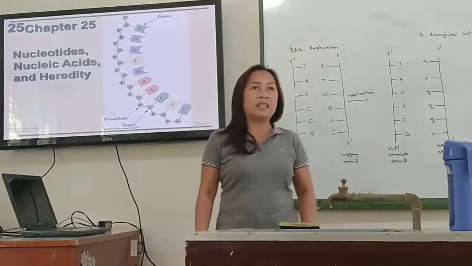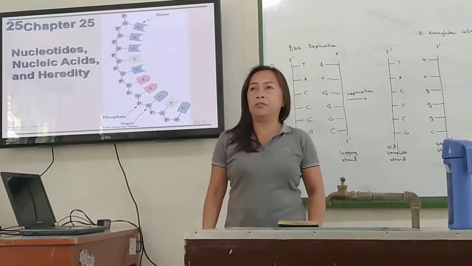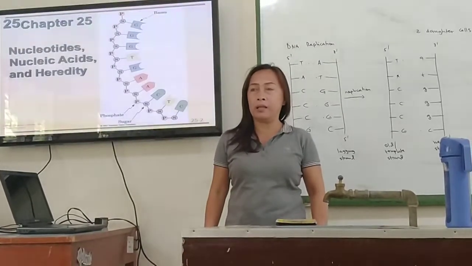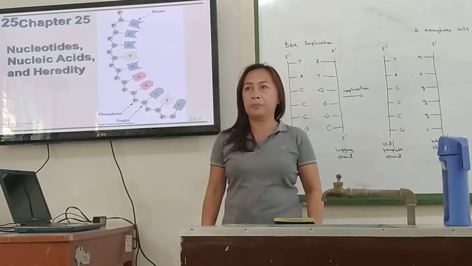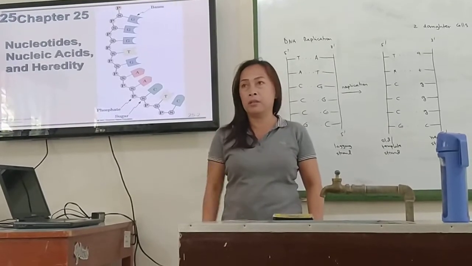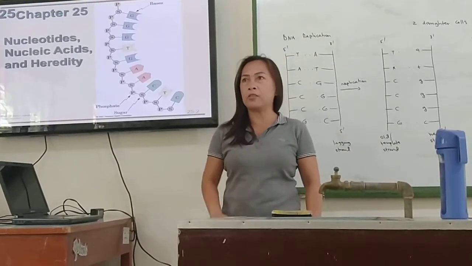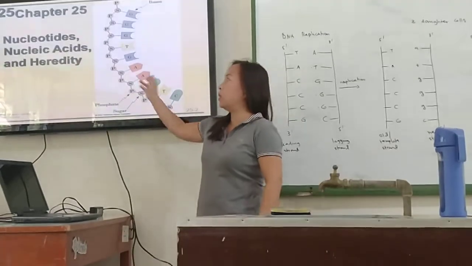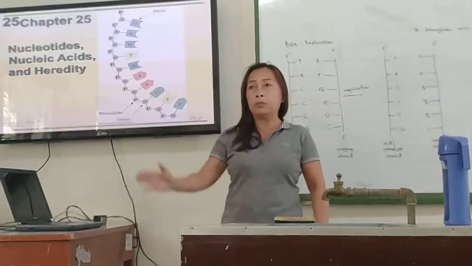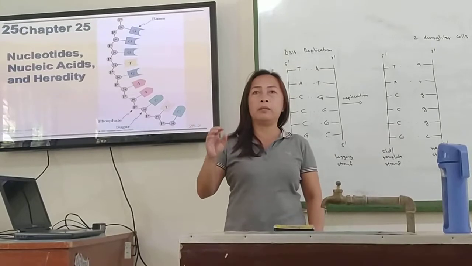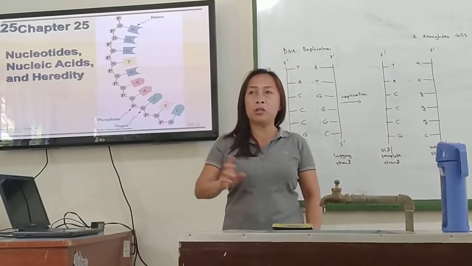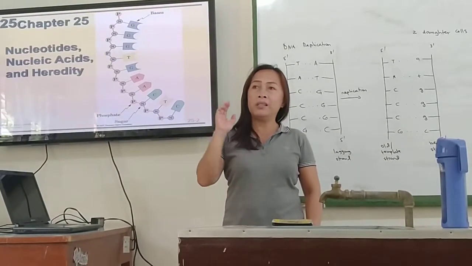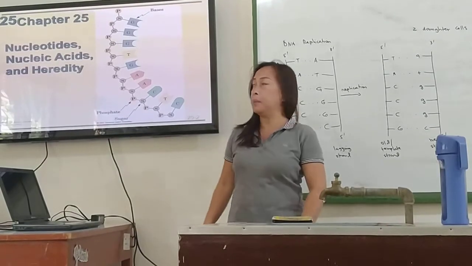One example of nucleic acid is DNA. Another is RNA. Of course there are some other nucleosides or nucleotides included in this chapter, but we will not include them. We will just focus on the structure and the function of DNA and RNA.